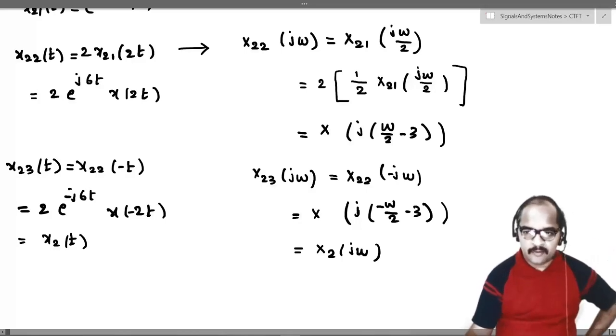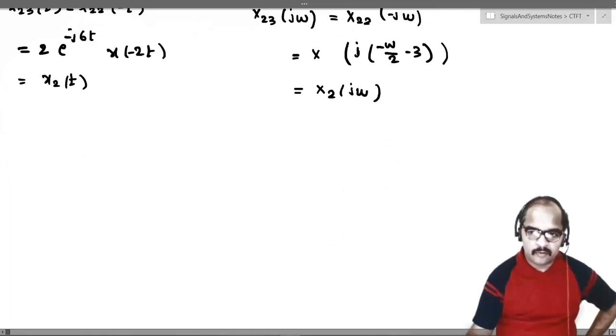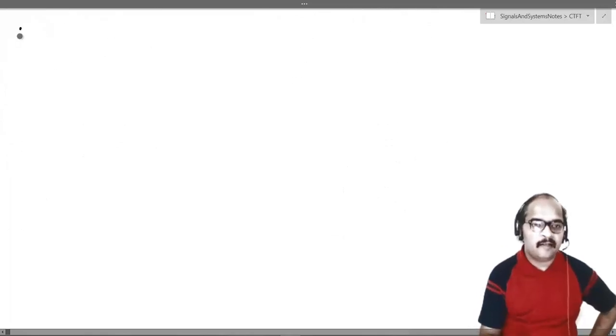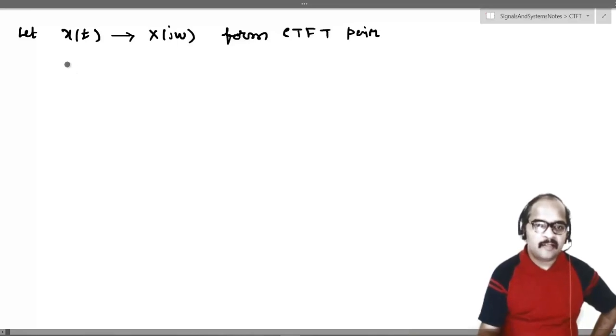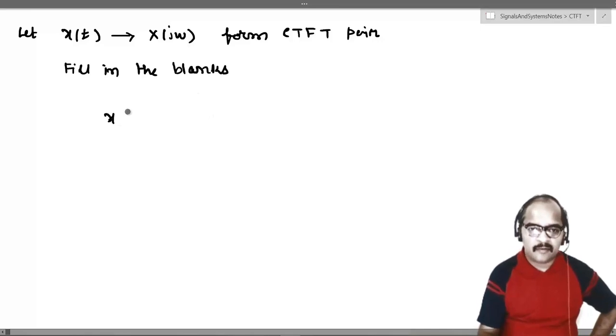Yes, so just as homework, I will give you a few more. Let x of t and x of j omega form a Fourier transform pair, a CTFT pair. I'll say fill in the blanks. Let's say x of t by 3 minus 1.